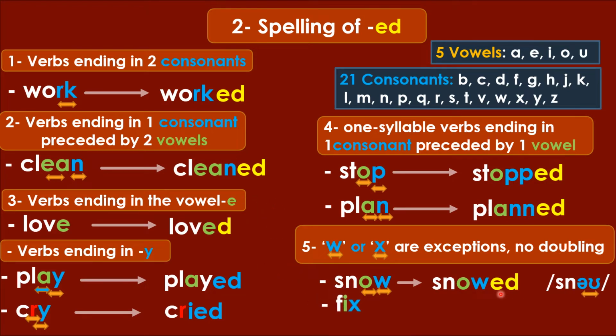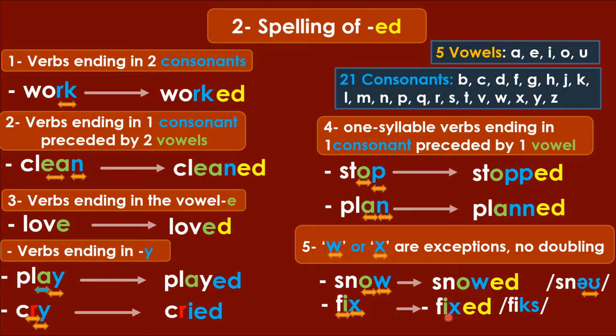If you look at fix, fix ends in X, which is a consonant, preceded by I, which is a vowel, and we're supposed to double the X, but we're not going to do this. Again, we're going to add only ED.